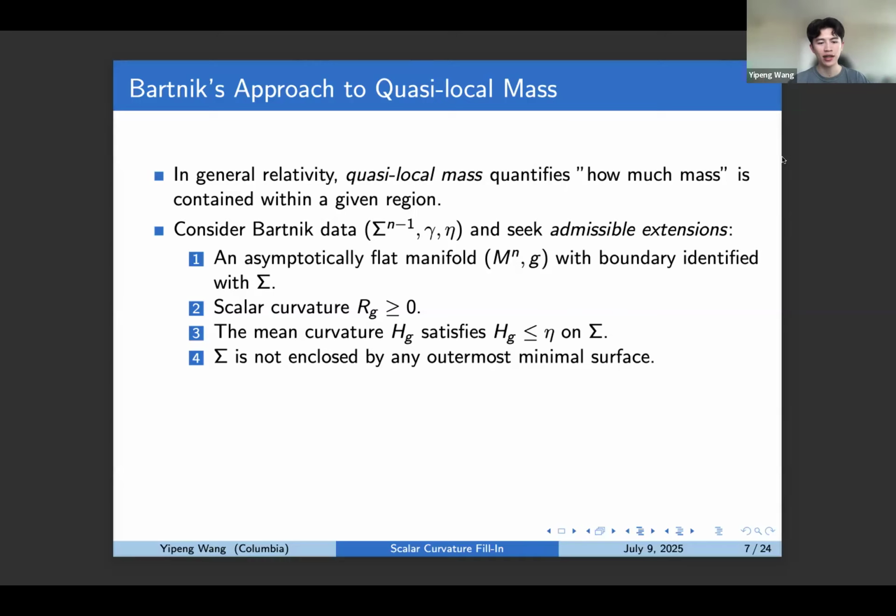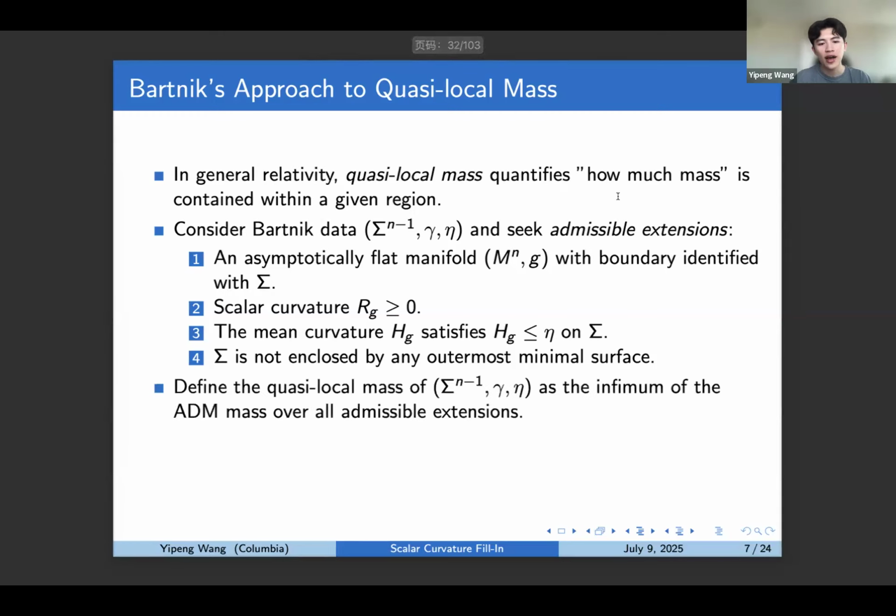Then you add one slightly extra, small technical condition, which just prevents you from having a black hole region inside, saying that Sigma is not enclosed by any outermost minimal surface. So you start with the Bartnik data and look for every possible admissible extension, namely all these things satisfying these four properties.